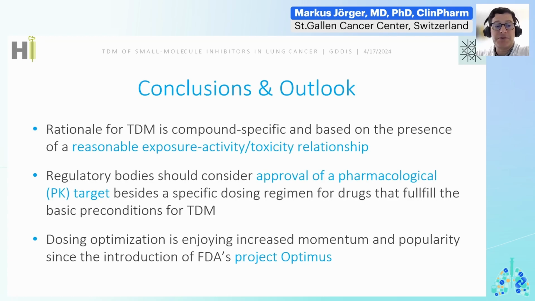I think that's also very important since the introduction of FDA's Project Optimus. And I recently was able to join a very interesting discussion of the cancer medicines group from EORTC together with EMA, where this dose and treatment optimization was vividly discussed. And I think it's a good time to move the field forwards.